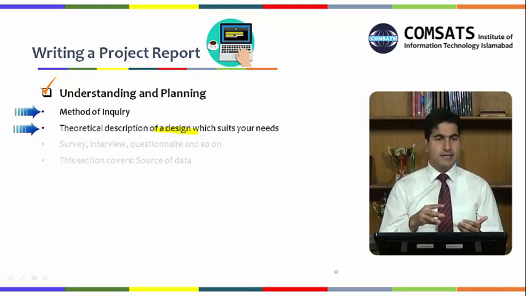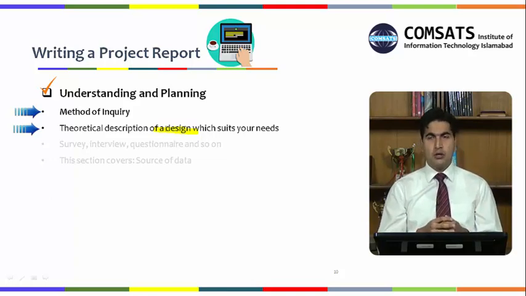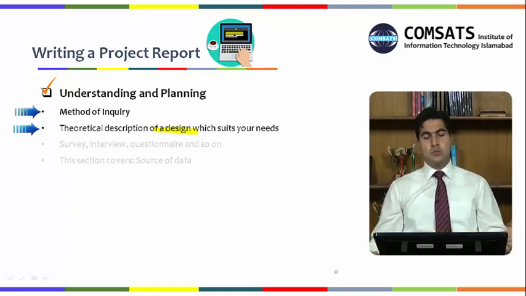What sources of data collection were used to extract data from that sample of the population. So this is the place in which you have to clearly determine the design which suits your needs.